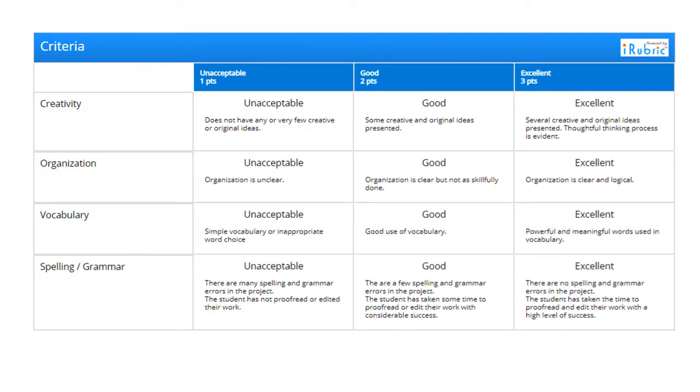In this activity, here are the criteria. Creativity, 5 points. Organization, 5 points. Vocabulary, 5 points. Spelling or grammar, 5 points. And a total of 20 points. Good luck!